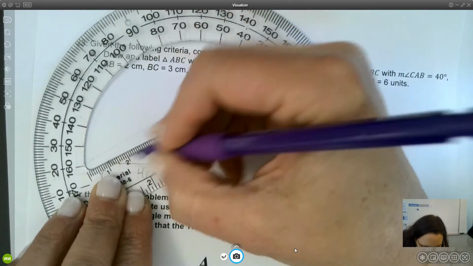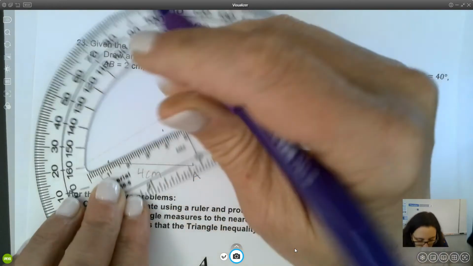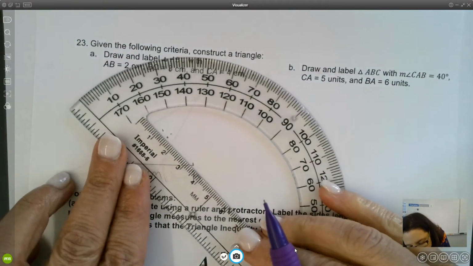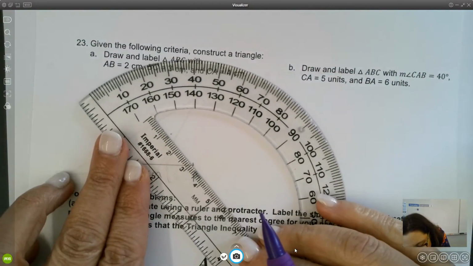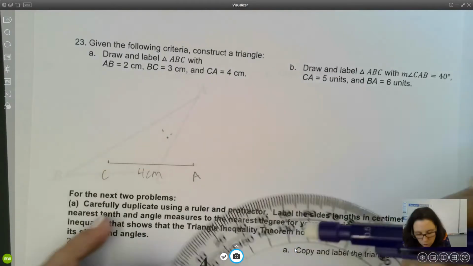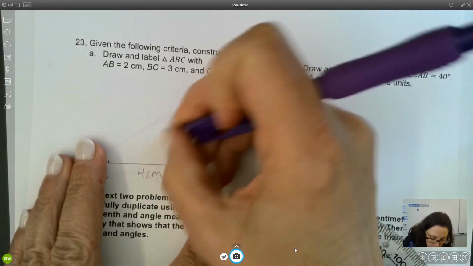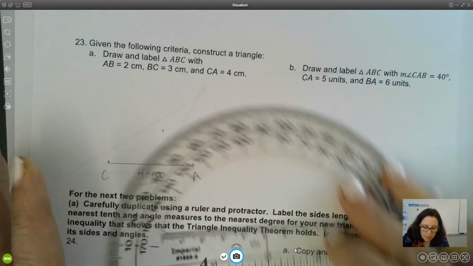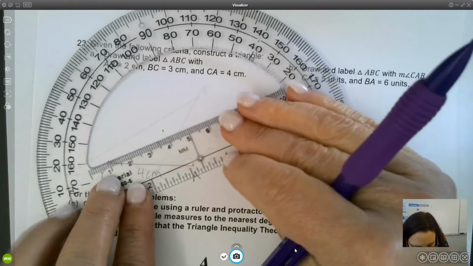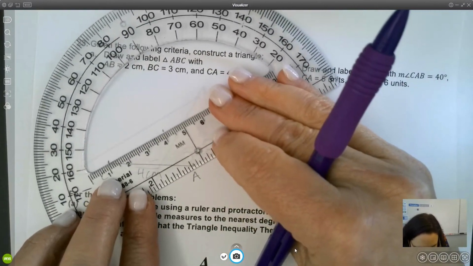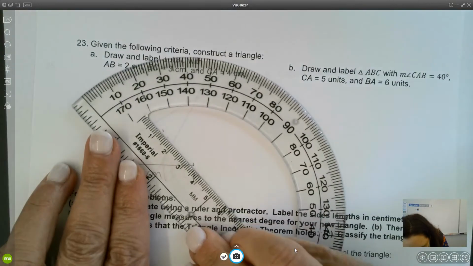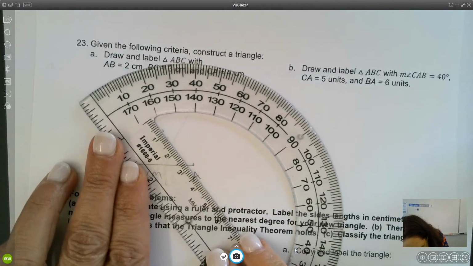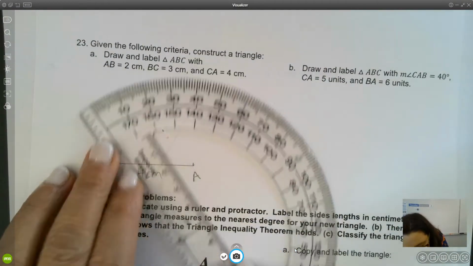Remember, 1 to 4 is 3 centimeters. And then this has to be 2. So this needs to be 1 to 3. Ooh, that's too many dots here. Let me erase these and see if that 1 works. Okay, this needs to be 3. And it is. And then this needs to be 2. And it's a little bit more.